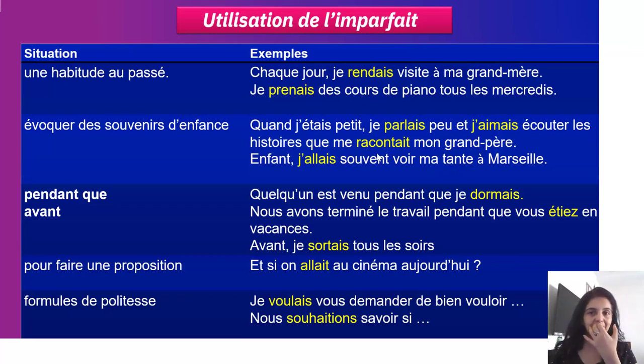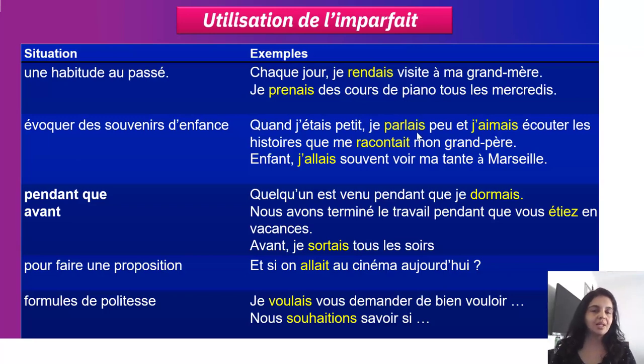So you can see 3 verbs have been conjugated in imparfait. Quand j'étais petit, for était. Quand j'étais petit, when I was small, je parlais peu. I didn't speak much, so I used to speak less. J'aimais écouter. I used to love listening to the stories that my grandfather used to tell me.